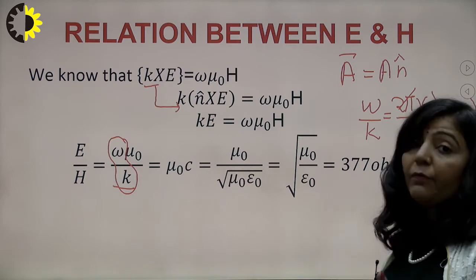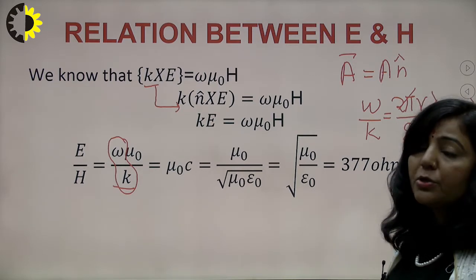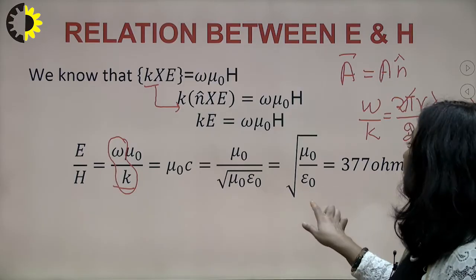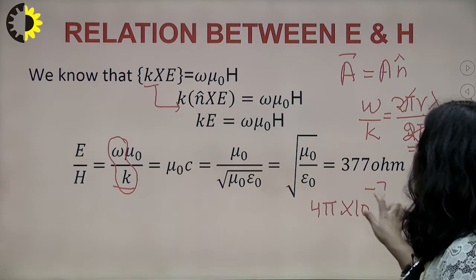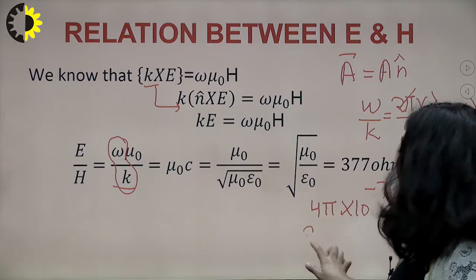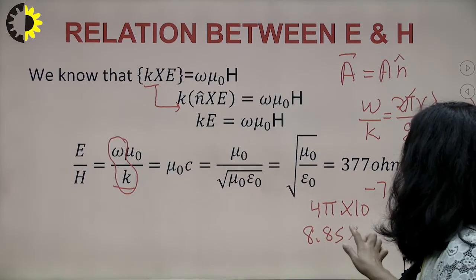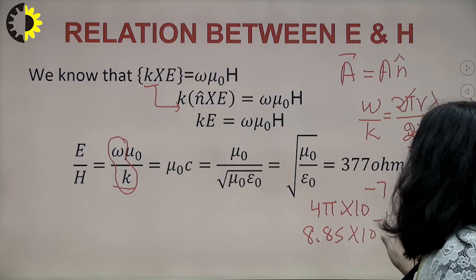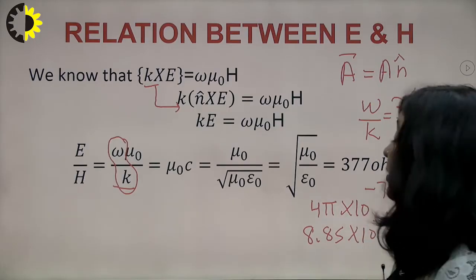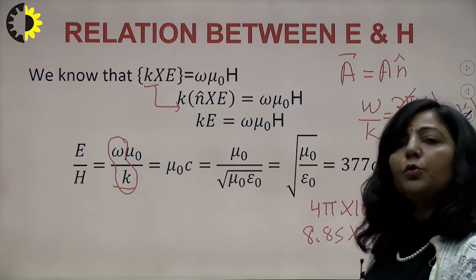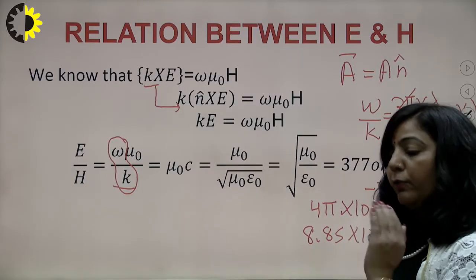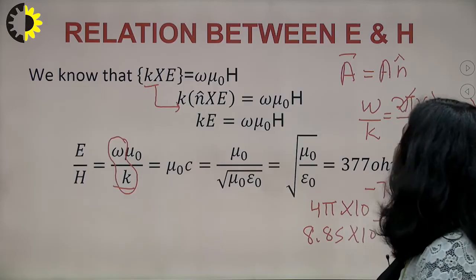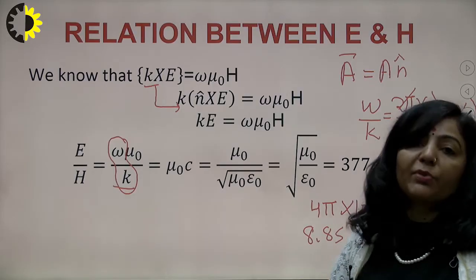Mu naught is 4 pi into 10 raised to power minus 7, and epsilon naught is 8.85 into 10 raised to power minus 12 coulomb square per Newton per meter square. If you substitute these two values in root mu naught upon epsilon naught and find that ratio, it is approximately 377.